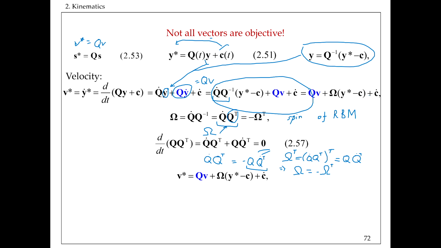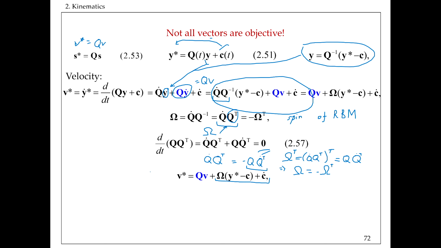Here, in order for v to be objective, or to obey 243, we need to ensure that this term is zero, but unfortunately there is no way that in general that term will be zero. So therefore the velocity vector is not objective.